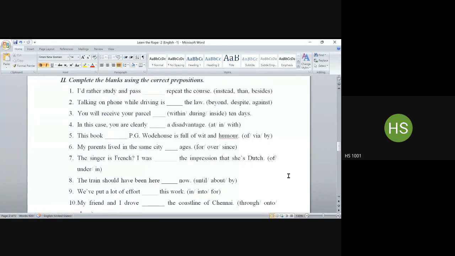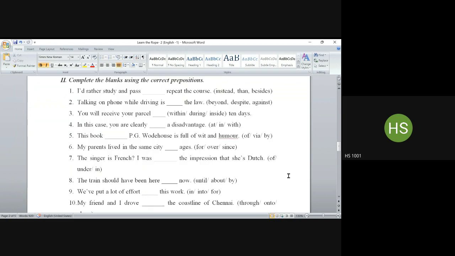First one: I'd rather study and pass dash repeat the course: instead, than, besides. Besides? What's the meaning of besides?